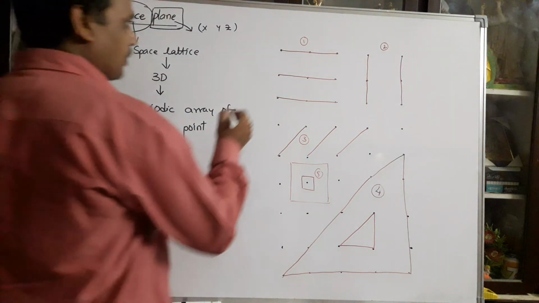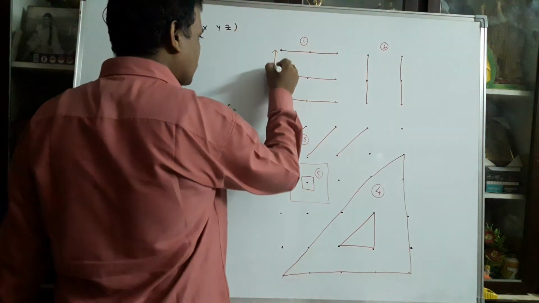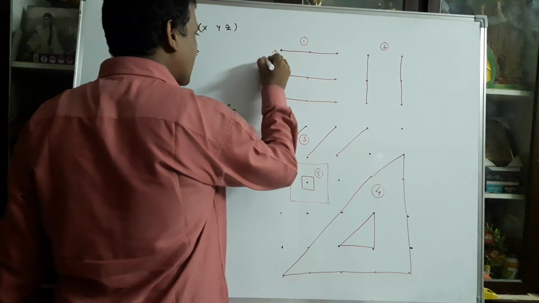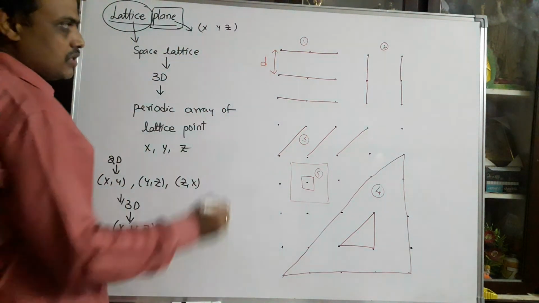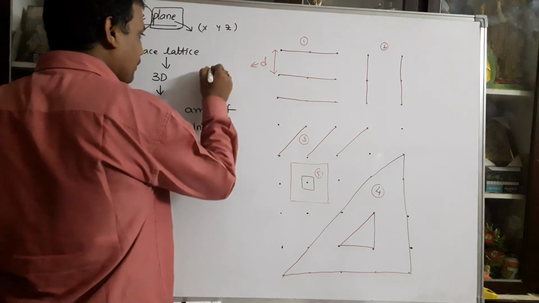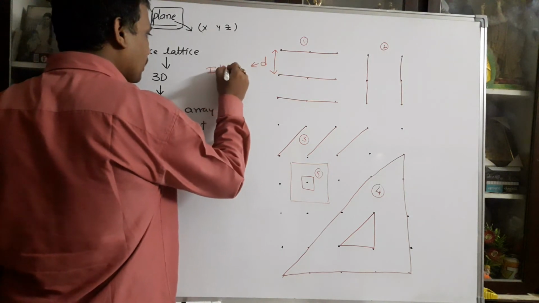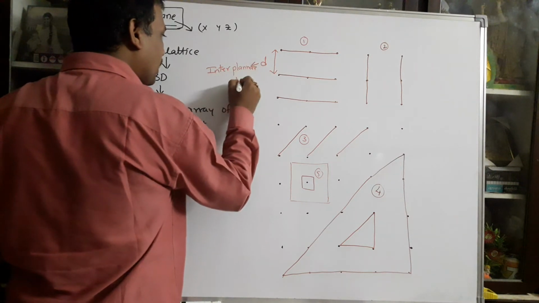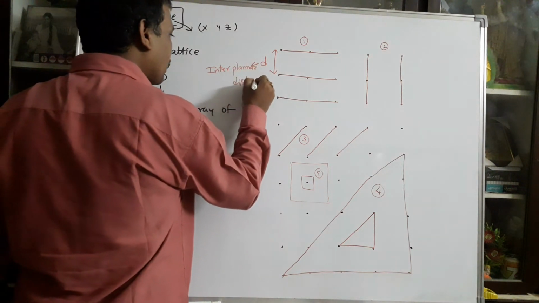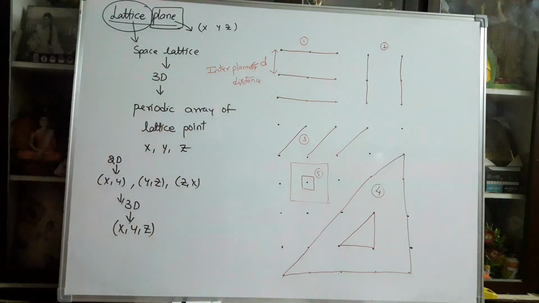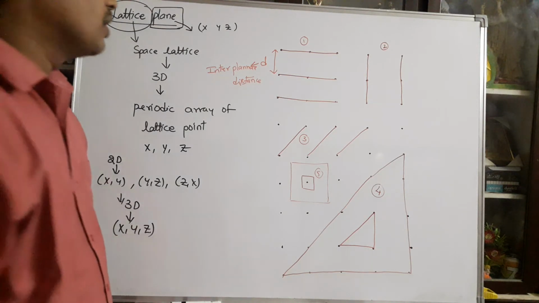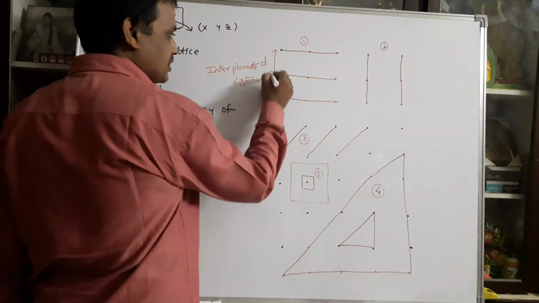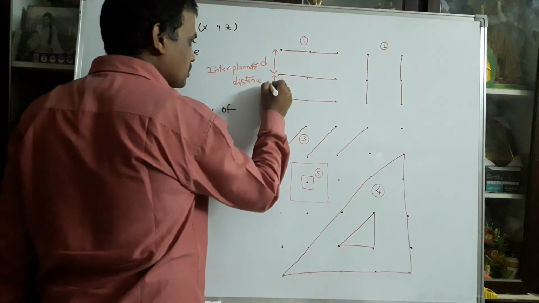The separation between successive lattice planes can be taken as d. This d indicates the interplanar distance. This interplanar distance is equal. Suppose this is also d.